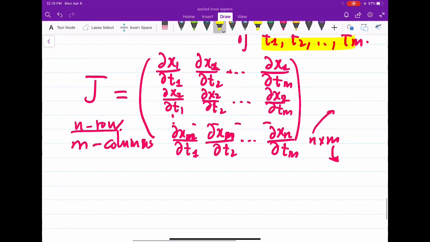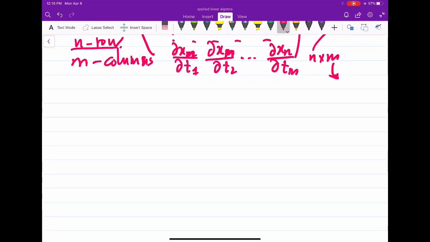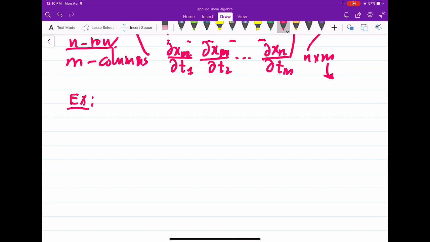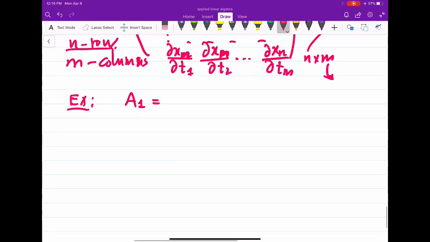All right, let's consider the following example. So you have two functions, A1, which is pi L1 squared over 8 plus L1 L3 over 2 plus L3 L2 over 2.